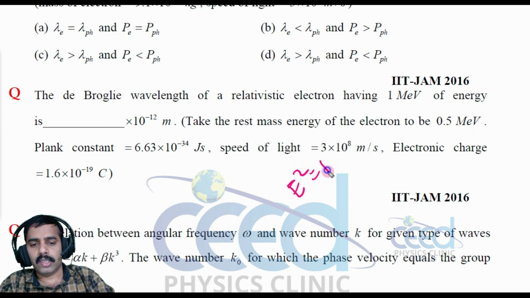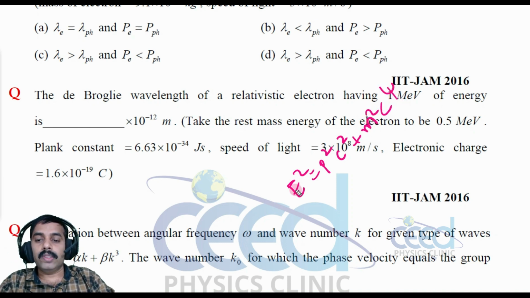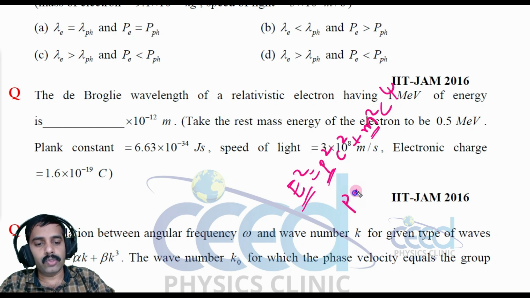E square is equal to p square c square plus m square c raised to 4, where m is the mass of the electron. Now this energy is given, the relativistic energy, that is 1 mega electron volt. So we have all the values, mass and c value, that also we have. So the only parameter which is unknown is p. So you can solve for p.